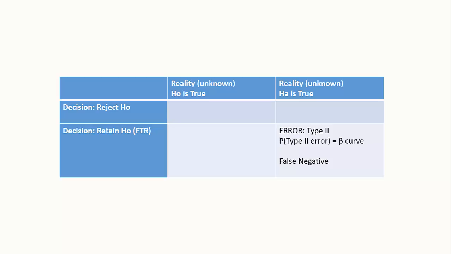For example, if we said, can we conclude that the population mean is greater than 100, then the beta error will be at one level if the real population mean is 101, but a different level if the real population mean is 110. Much lower chance of a type 2 error if it was 110 than if it was 101, because it's harder to detect a difference of 101.